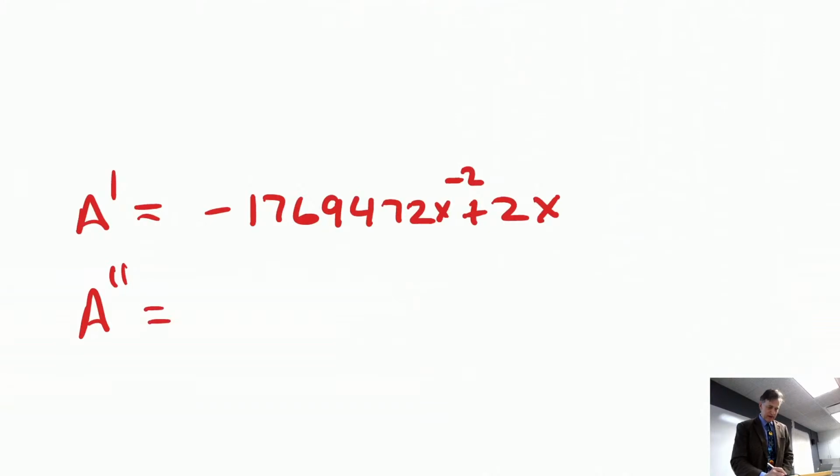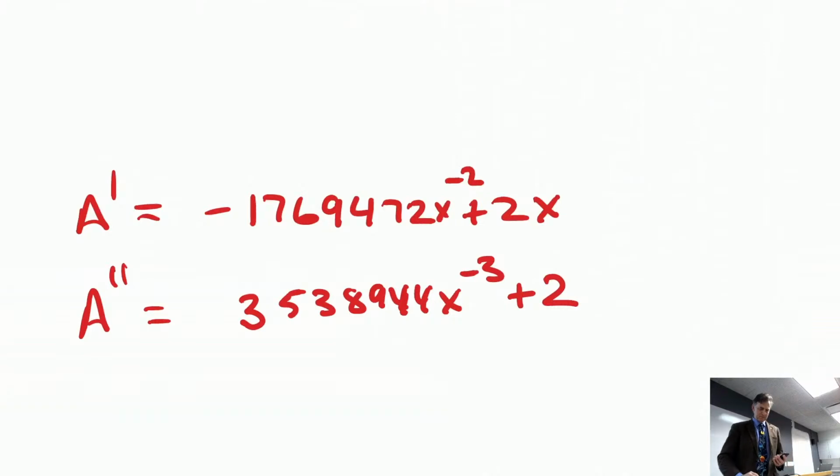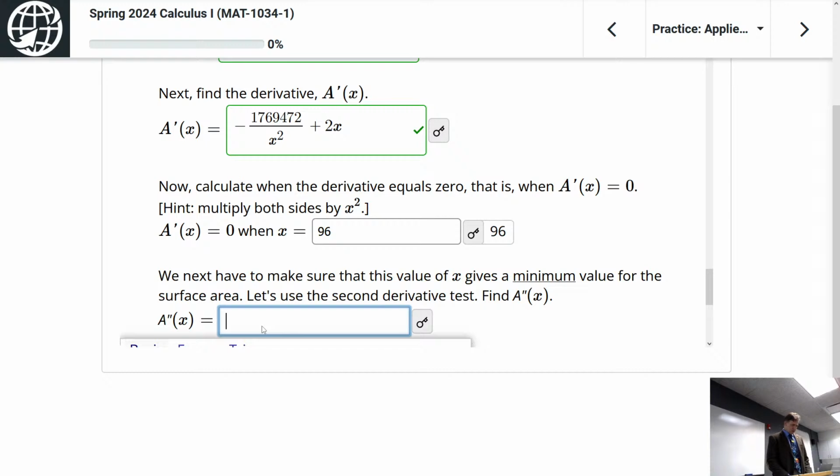I'm going to have 2 times 1,769,472. That gives me 3,538,944 x to the negative 3 plus 2. Does that look right? So there's my second derivative. Let me go ahead and type this in back here.